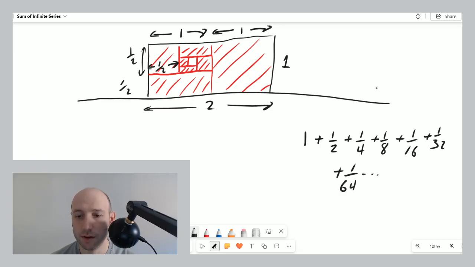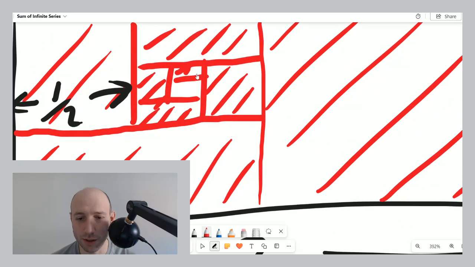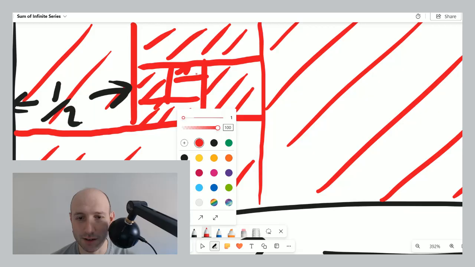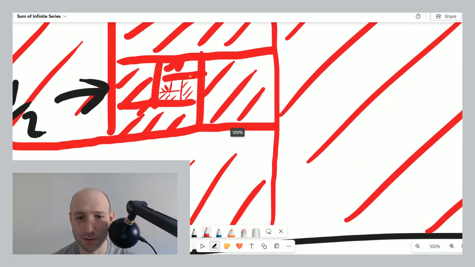And so on. Okay? Now, we can keep on doing this, and we can even use the power of technology here to zoom in and allow us to get very detailed in how we continue doing this forever and ever. All right?